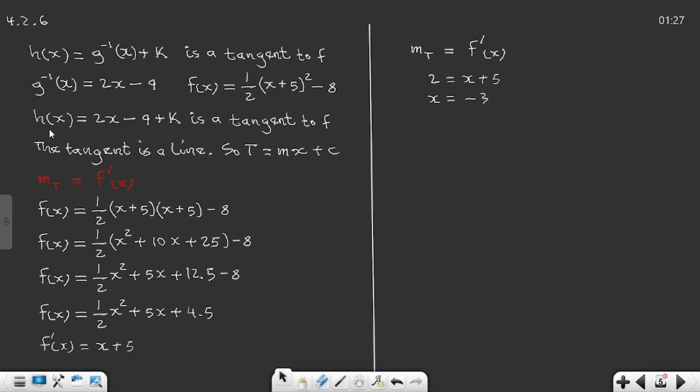Okay, I can't use h of x because I don't know what k is. So I'll say f of negative 3. So this is your y. y is equal to negative 6. So the point of contact of f and h is negative 3 and negative 6.